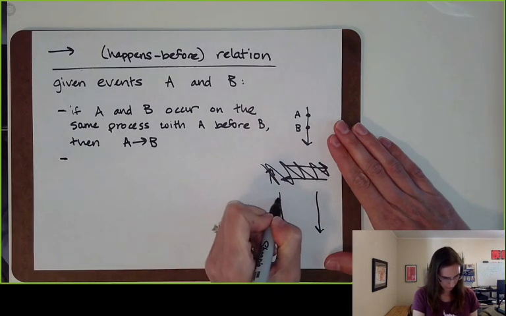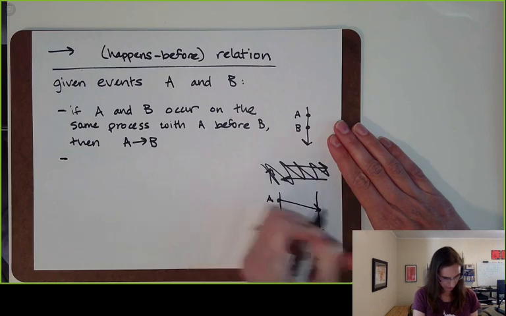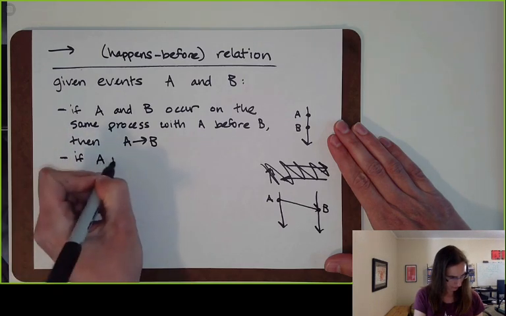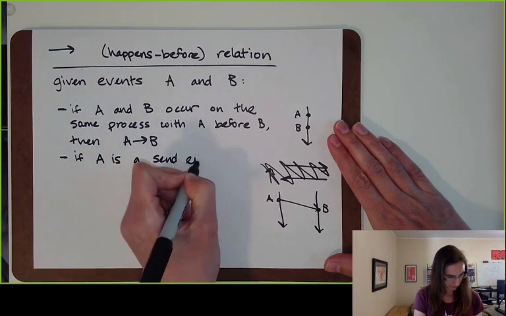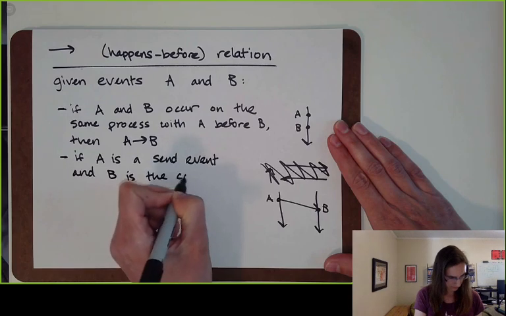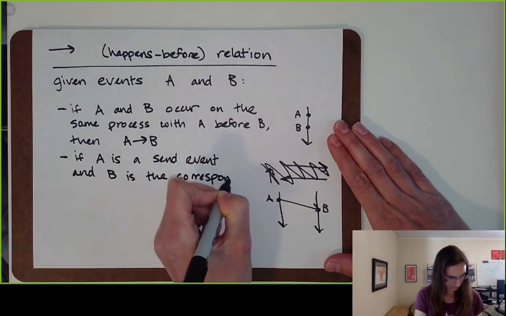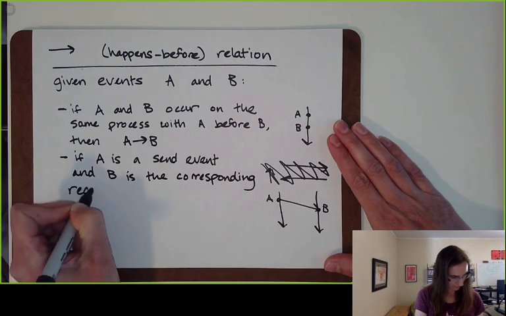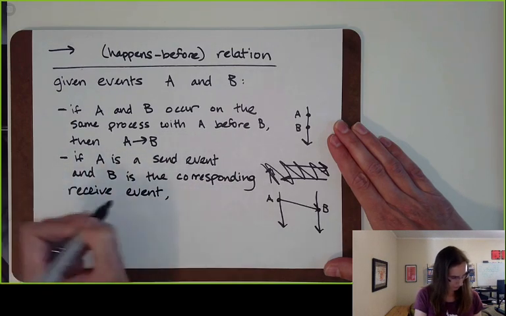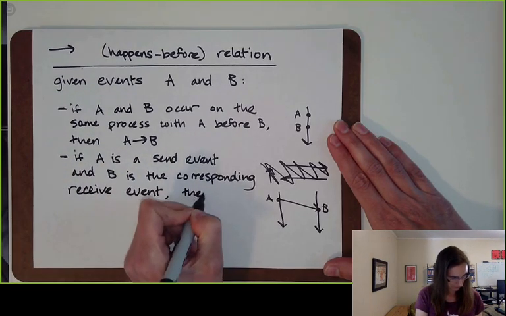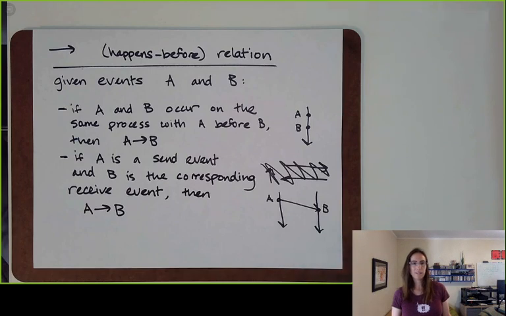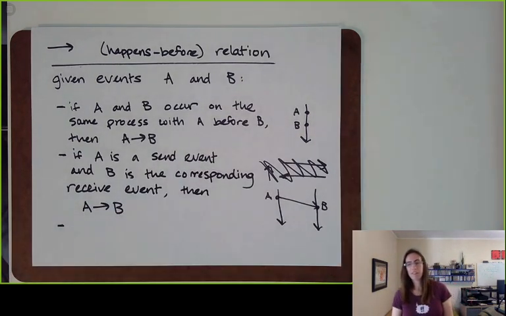So if you have something like this, if this is A and this is B, so A is a send event and B is the corresponding receive event, then we know A happens before B. And then what's the last part of the definition?